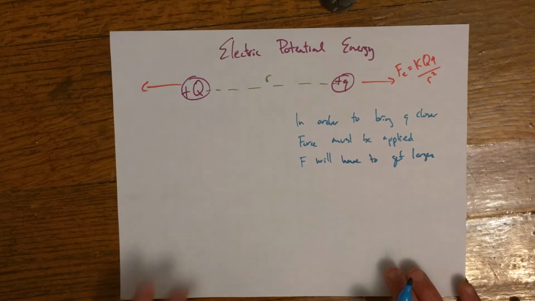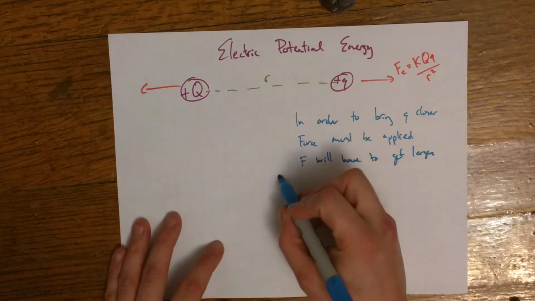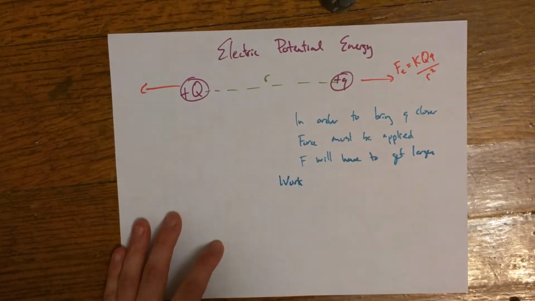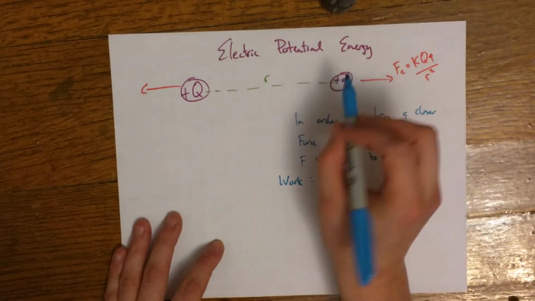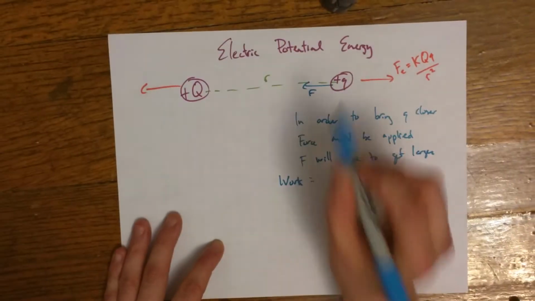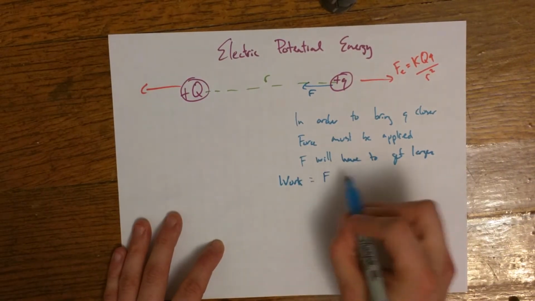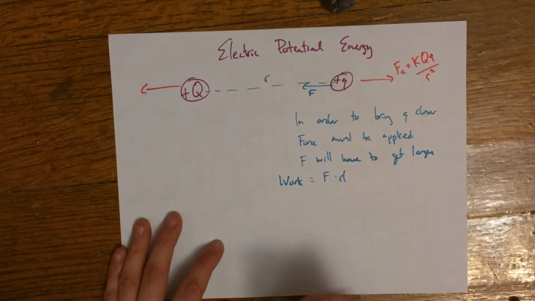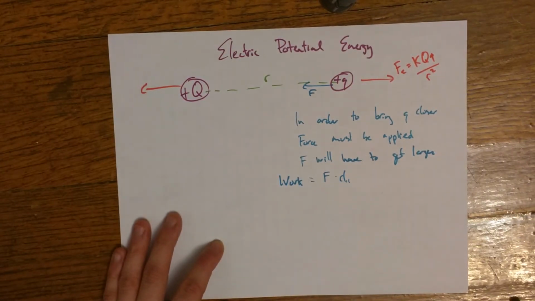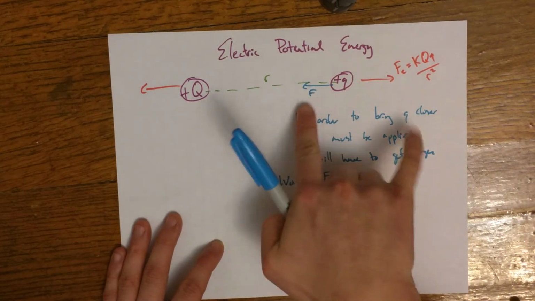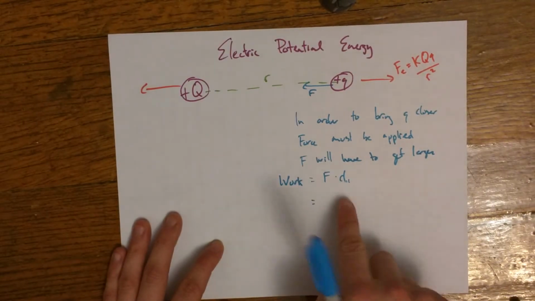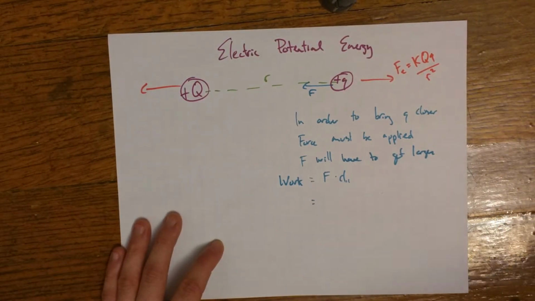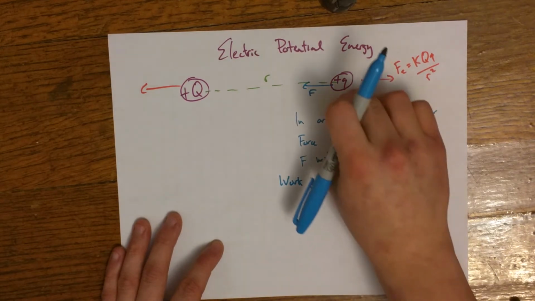So I want to think about the work that's done by this force F to bring the charge closer. I know that work is force times the parallel distance. I'm going to say that these two forces are equal to each other, and I'm pulling this thing at a constant velocity, and the distance will be from out here to this position here.